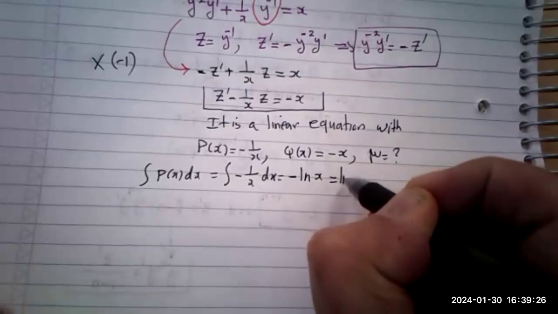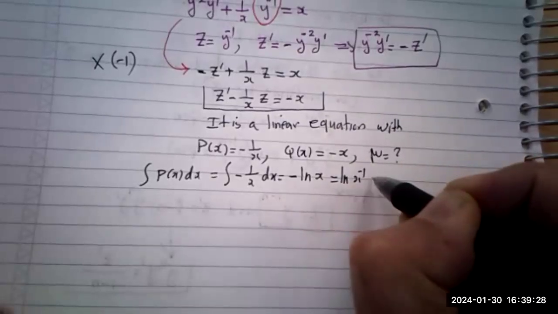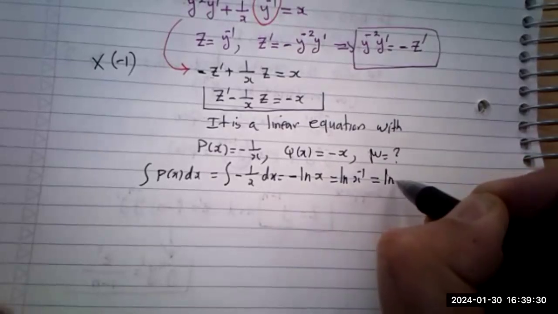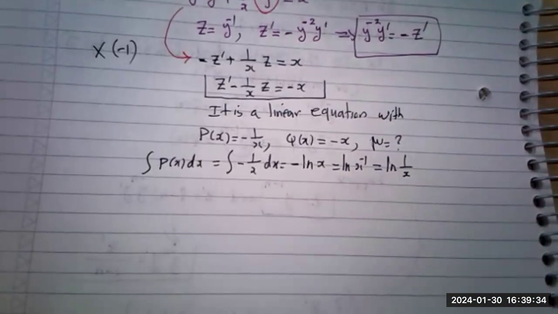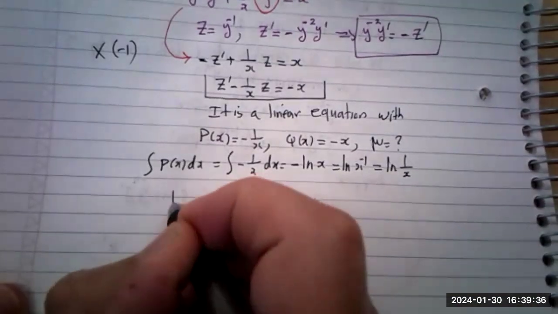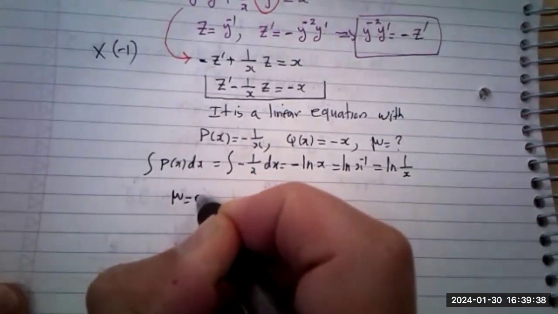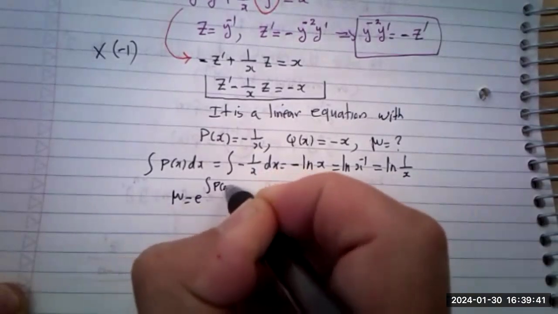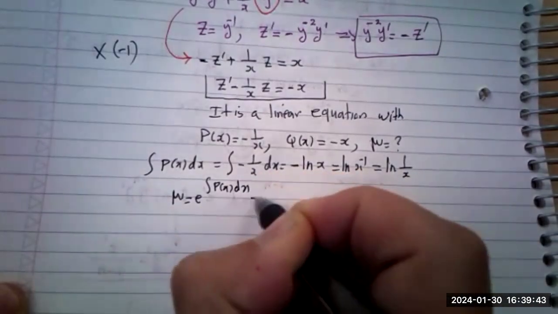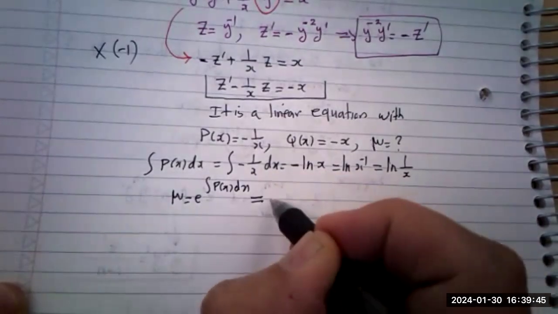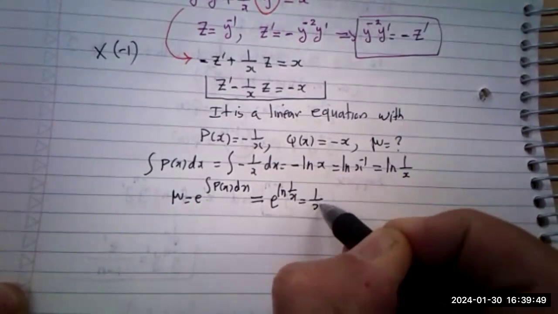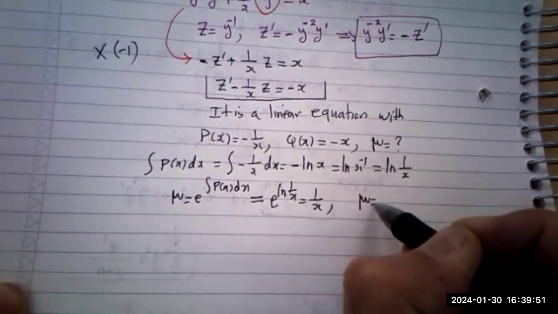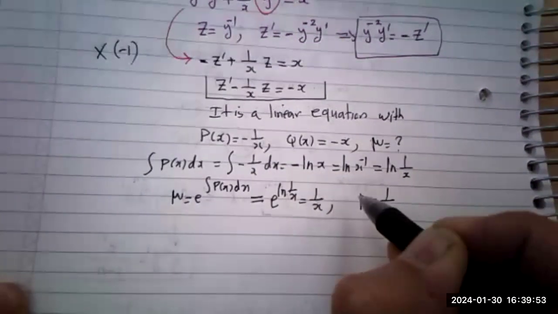It's going to be ln of x to the negative 1, which is ln of 1 over x. Bring it into the integrating factor formula. So mu is e to the integral of p of x dx. This is going to be e to the ln of 1 over x, which is 1 over x. So your integrating factor is 1 over x.